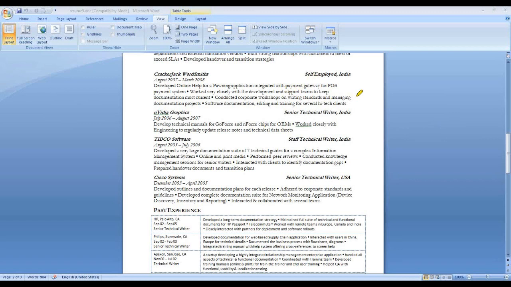And going over to the next page. Again, we want to remove months because they could possibly show a gap. We want to spell out first instances of acronyms. Develop technical manuals for GoForce and Enforce chips. Okay? Now I don't know what that is. Maybe I should know what that is, but I don't know what that is. And so those references are lost on me.